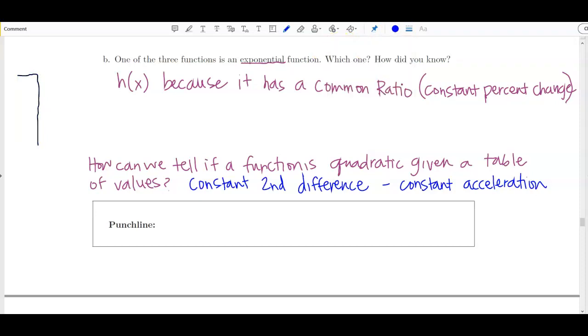So we were throwing a rock over into the water. Well, when we do that, it doesn't go down in a linear form, right?